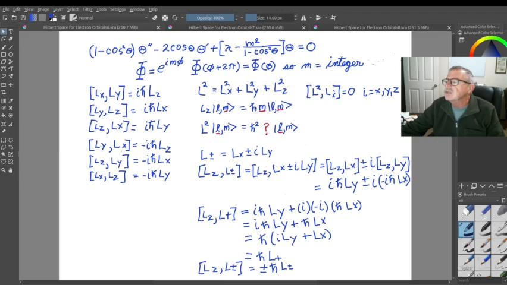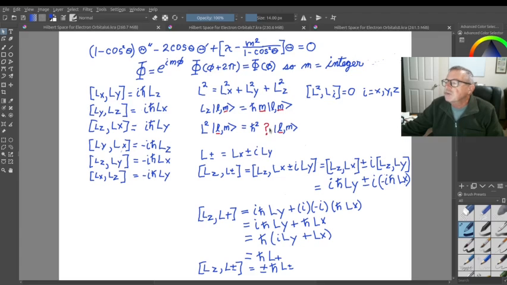But this h bar is similar to the spin h bar over 2. The m we know is an integer. If we take the L squared operator, then we've got this h bar squared down here, but we're not sure what to fill in here. Somehow it's going to be some kind of relationship with L's, but we don't know what the L relationship is yet, and that's what we're really trying to find.